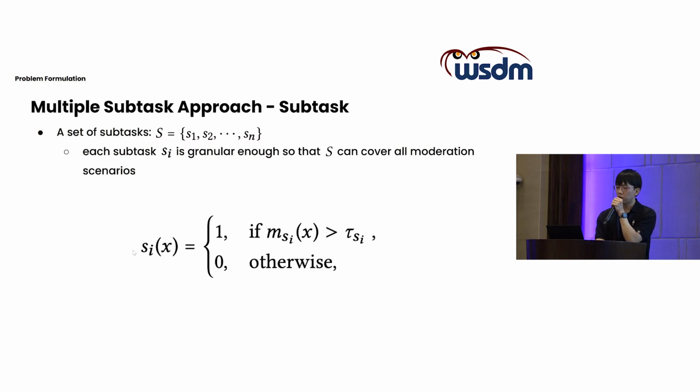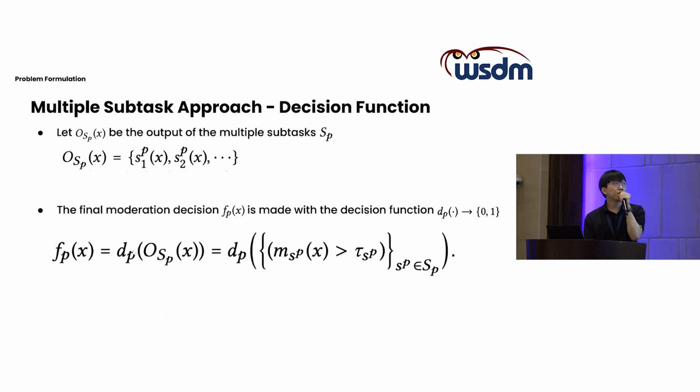In the multiple subtask approach, a set of subtasks S is defined to cover the various moderation scenarios. Here, each subtask s is defined with the subtask-specific model output and the corresponding threshold. To make a moderation decision from the multiple outputs, a decision function is needed.